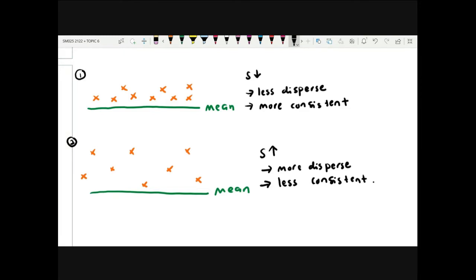Kalau data kita tinggi, jarak tu jauh, dia akan more dispersed and less consistent. Itu awak fikir logik lah. Kalau rasa nak menghafal, up to you, but then benda ni pakai logik sebenarnya, dengan syarat awak faham. Standard deviation is basically distance between data and mean. Alright, so that's for interpretation.